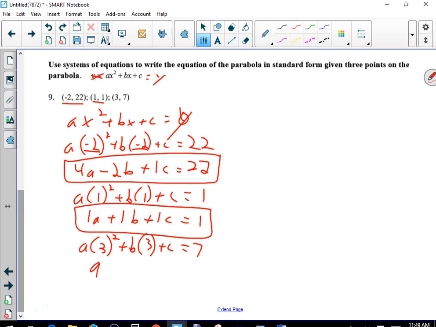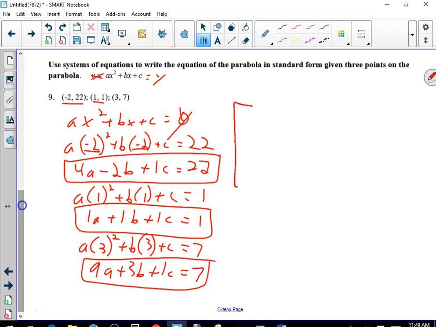So that's 3 squared is 9a, 3b, 1c, 7. So my augmented matrix is going to be 4, -2, 1, 22. 1, 1, 1, 1, 9, 3, 1, 7.